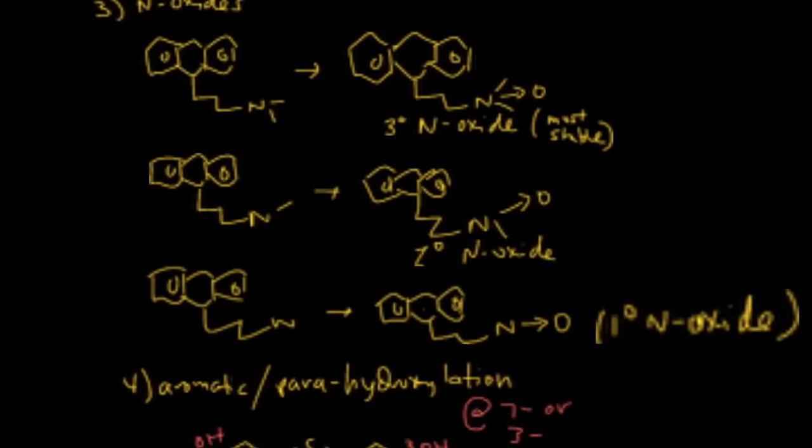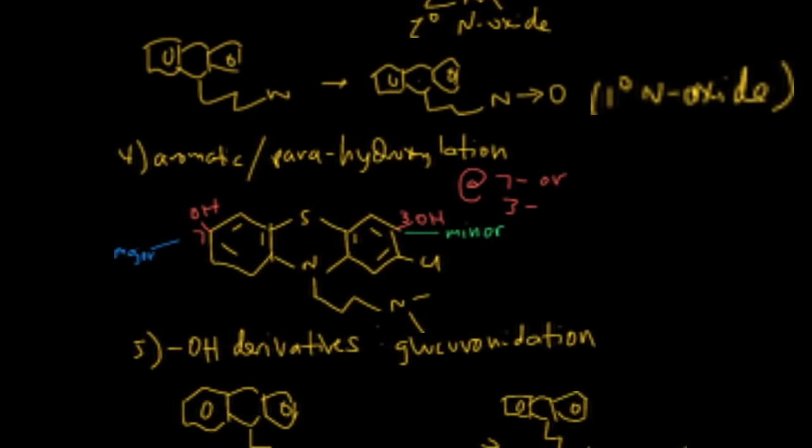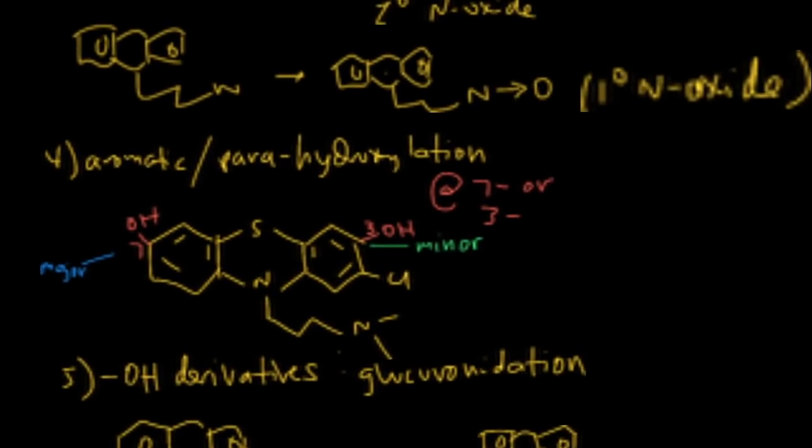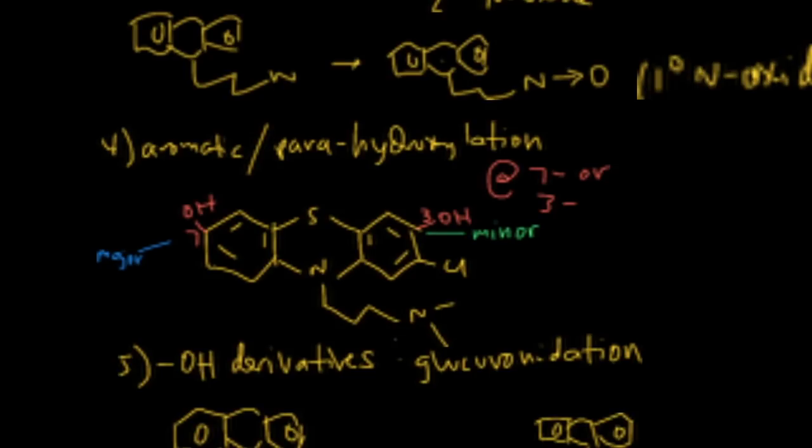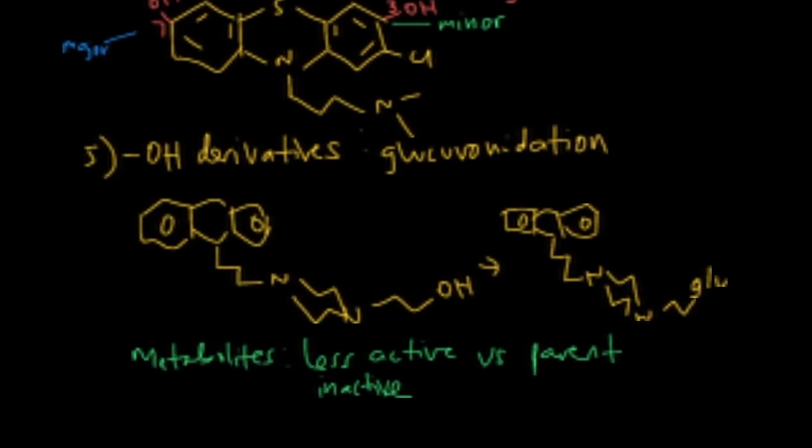Number 4, aromatic or para-hydroxylation. You can hydroxylate the phenothiazine at either the 7 position over here or the 3 position over here. So hydroxylation means you're just adding a hydroxyl group. Add a hydroxyl group at the 7 position over here, which is the major product. The minor product is hydroxylation, or addition of a hydroxy group, over here at the 3 position. Finally, number 5, you can glucuronidate a phenothiazine.